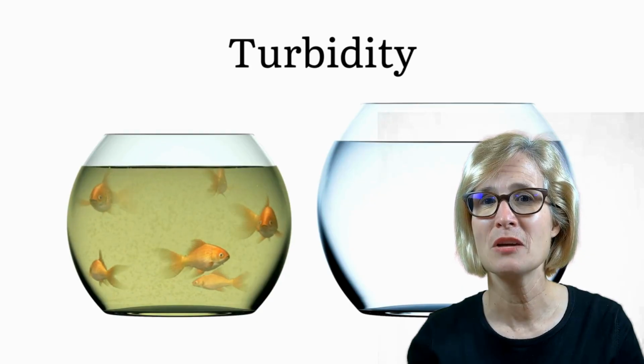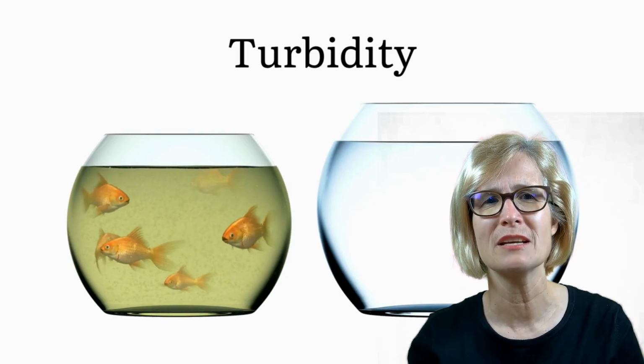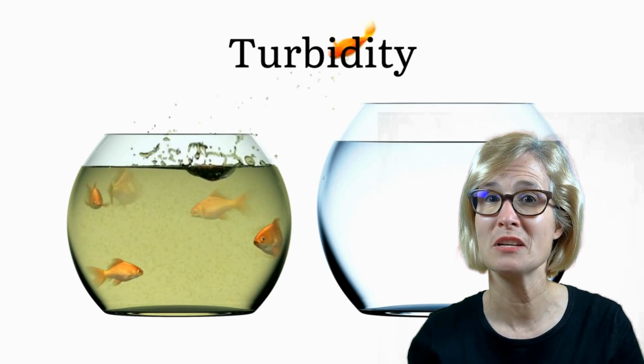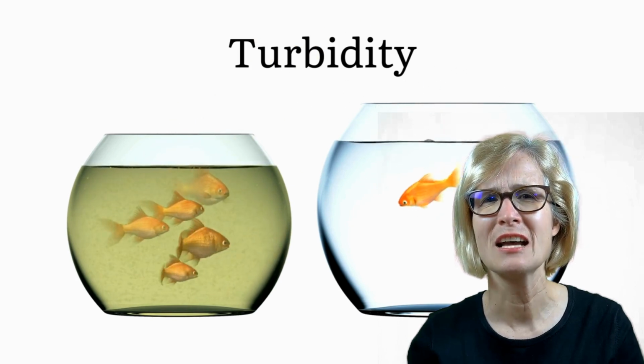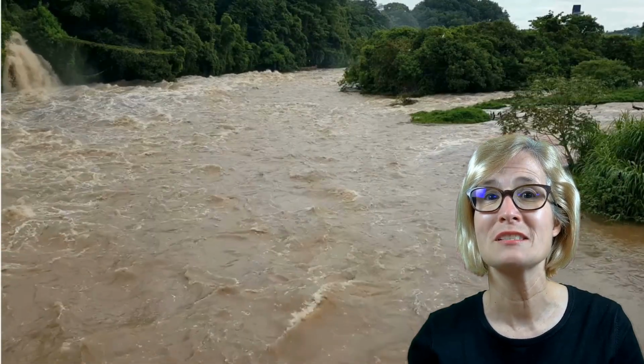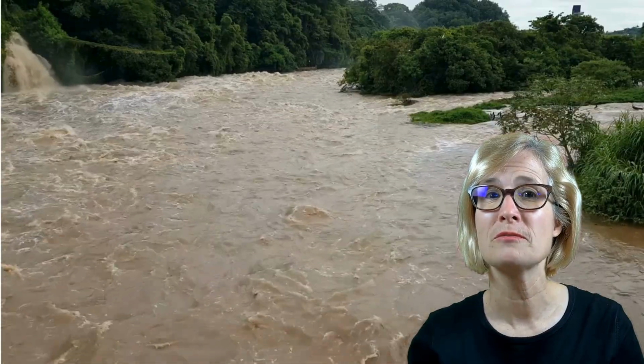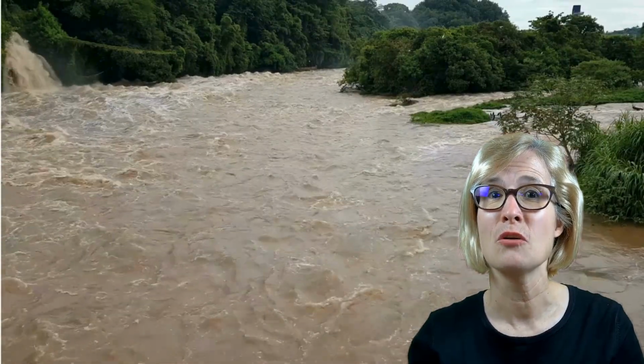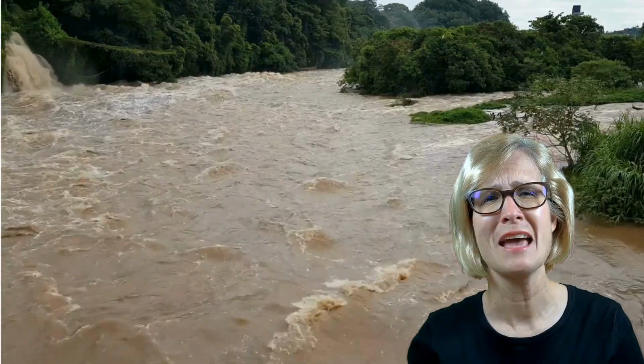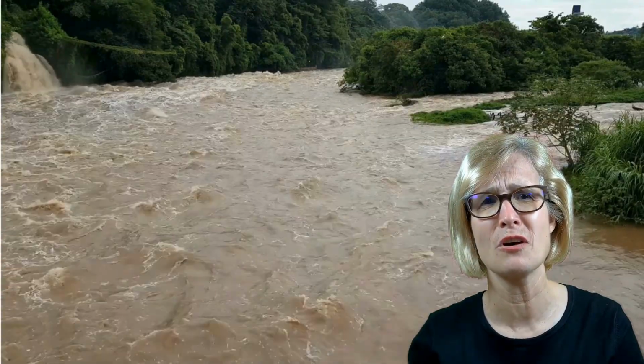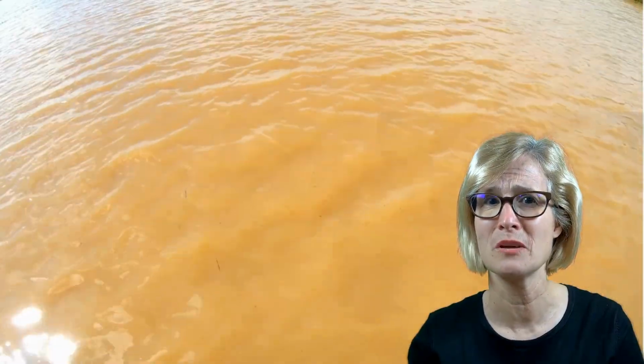Turbidity. This measures how clear water is by assessing the amount of suspended solids present in it, such as clay, silt, waste, and organisms. Erosion from agriculture or construction, runoff from developed areas, and poorly treated wastewater can all contribute to increased turbidity.